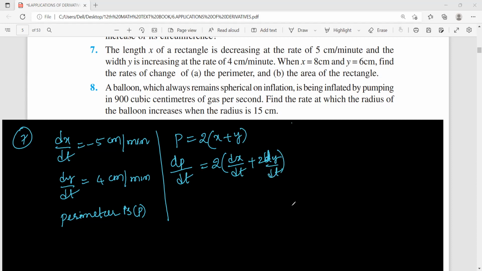You need to substitute. And now what is the area? Area is xy.